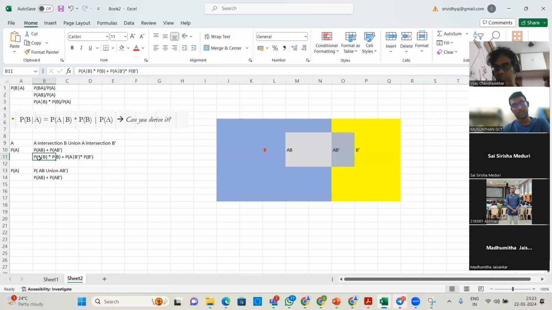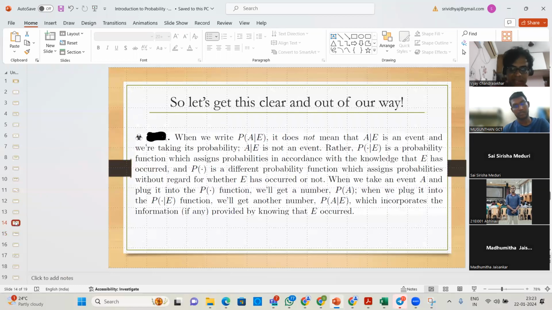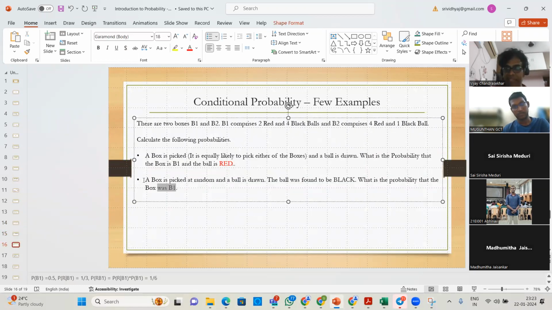You would have information about those expressions, and then you can figure out probability of B given A. And this is something that we did in the previous example as well, in the second example.